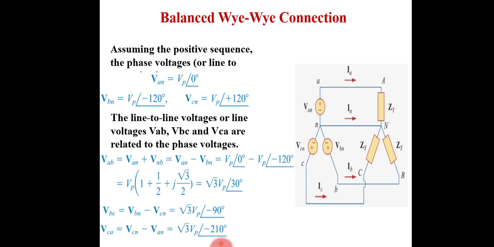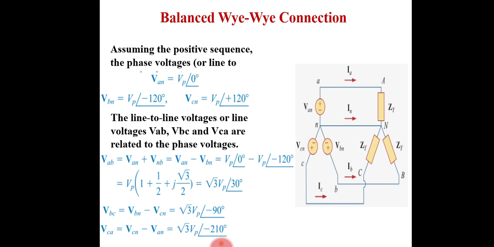Now the line-to-line voltages, or line voltages VAB, VBC and VCA, are related to the phase voltages. First we take VAB. VAB is equal to VAN plus VNB, as we see in the diagram.